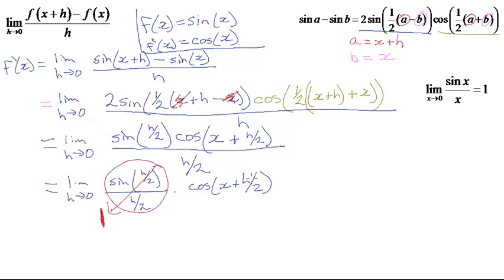If we replace h with 0 here now, we're going to get the cosine of x plus 0, and that tells us then the solution to the limit is simply the cosine of x. And that is our derivative. So we've now proven that given a function f of x equals sine x, the derivative is the cosine of x.